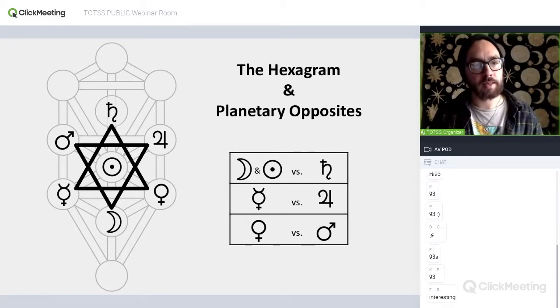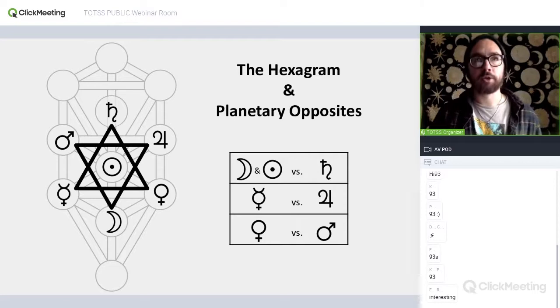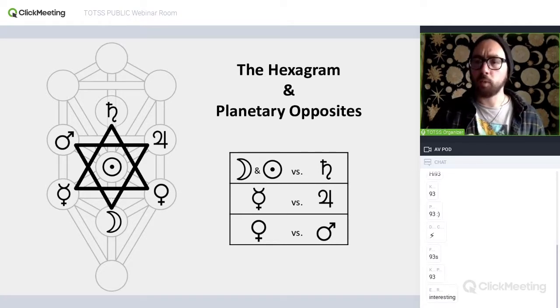So we'll come back to this again later, but just pointing out that this sense of balance with the hexagram where planets are at opposite points, and we'll see this actually being employed for practical purposes as we learn to do the greater ritual of the hexagram, where Mars is directly opposite to Venus, right? And so they are one pair of opposites. Jupiter is directly opposite to Mercury, and they're another pair of opposites. And we'll develop that sense of why they're opposite and how they're opposite when we get to the zodiac later, but just showing it to you now.